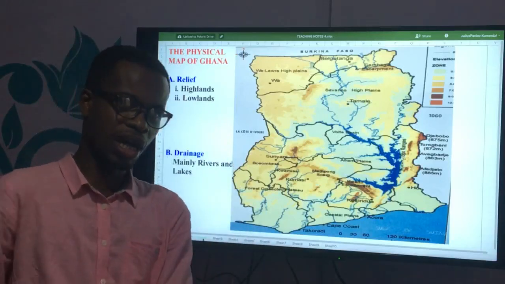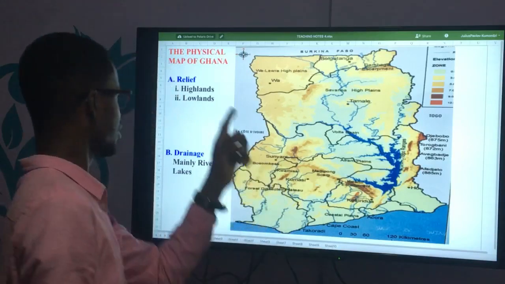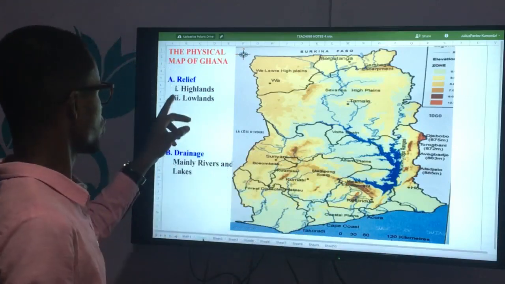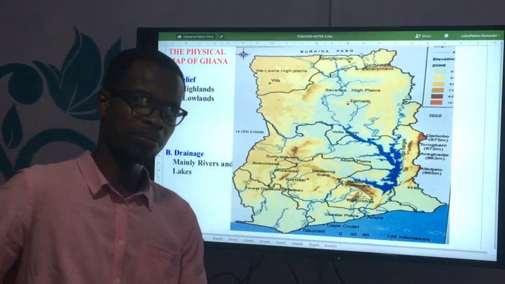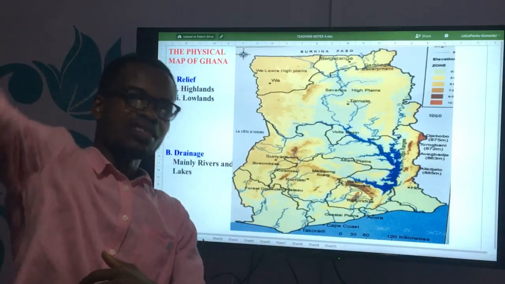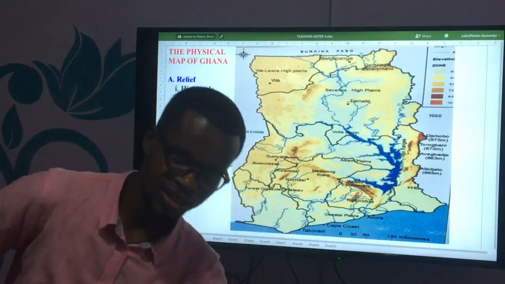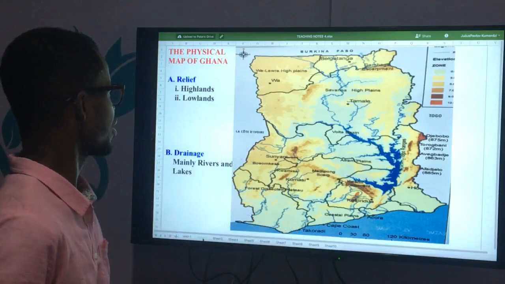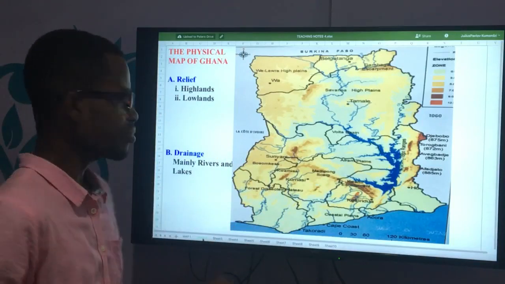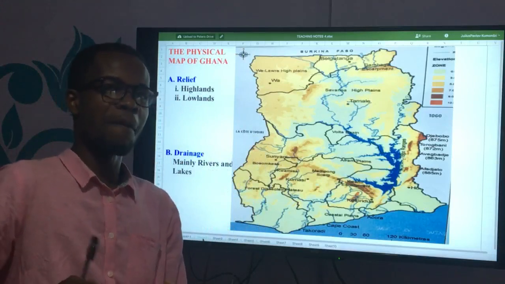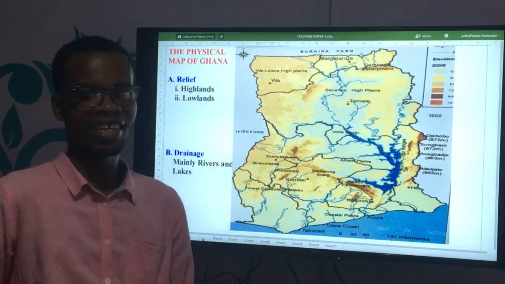So you come down under the relief and then you indicate 2 arrows again. Show one part showing Highlands and another part showing Lowlands. Alright, we'll further break them down. Under the Highlands, we'll have mountains and hills.